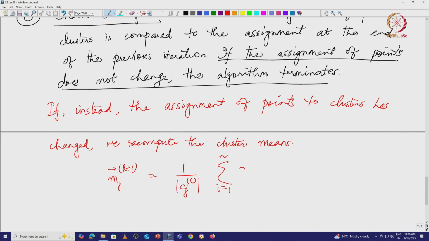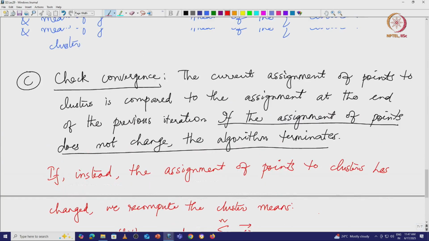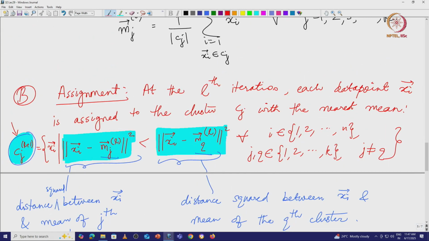You are just taking the average position, in terms of the features, of the points in the jth cluster. And again I want to remind you that when I put the absolute value sign, that is the number of points assigned to the jth cluster. So, once the means are recalculated, then you go back to the assignment phase.